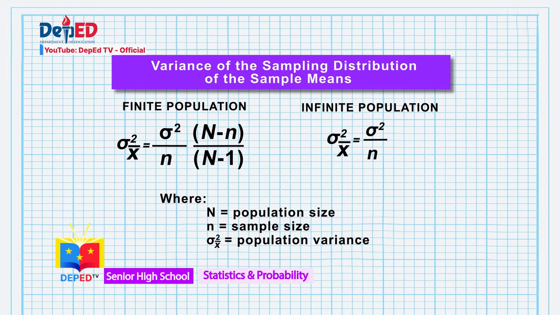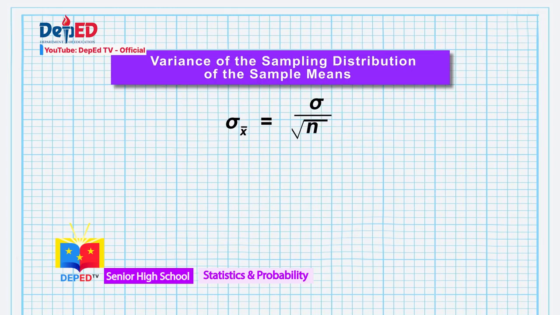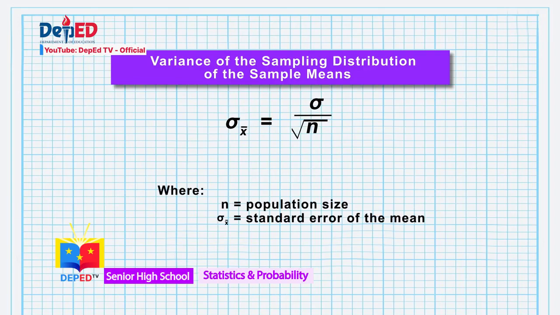Where N is the population size, n is the sample size, and sigma squared is the population variance. We may also want to compute the standard error of the mean by following the given formula. Where N is the population size, and sigma of x-bar is the standard error of the mean.